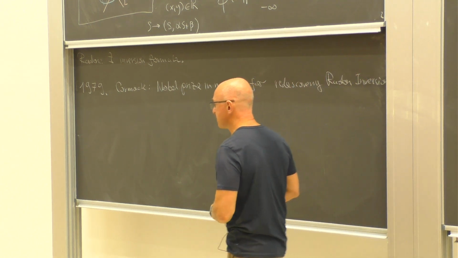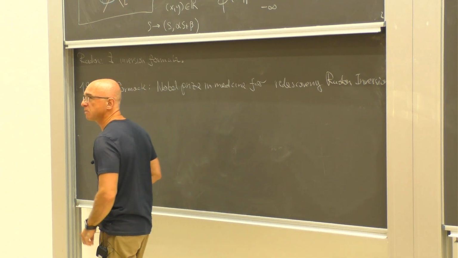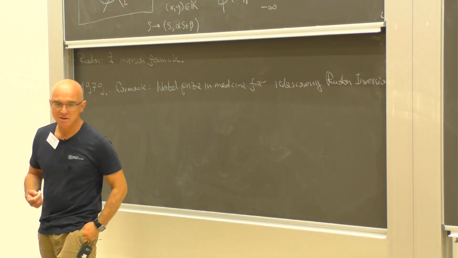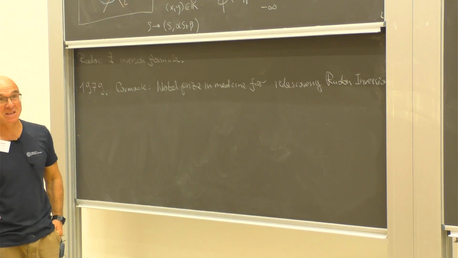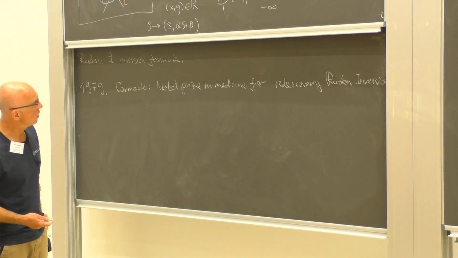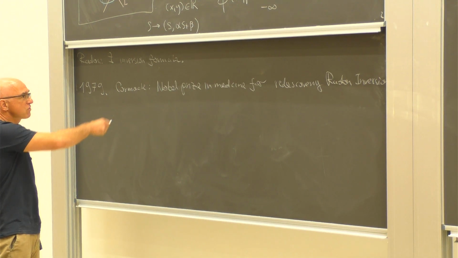So to my mind, this is the closest it's ever been for a Nobel Prize to be awarded for essentially pure mathematics. Well, why would that be relevant in medicine?